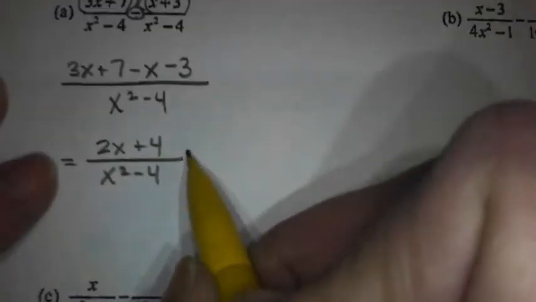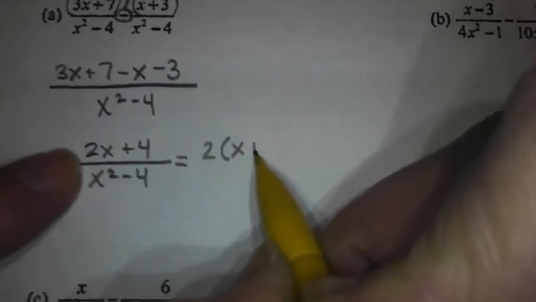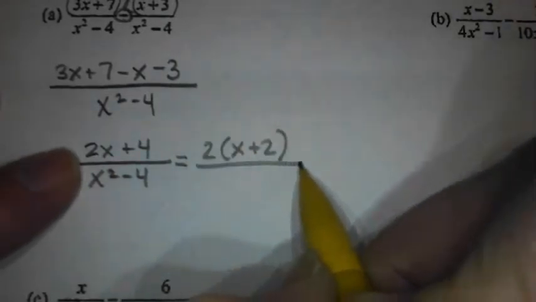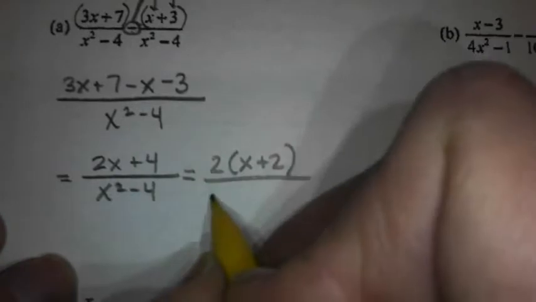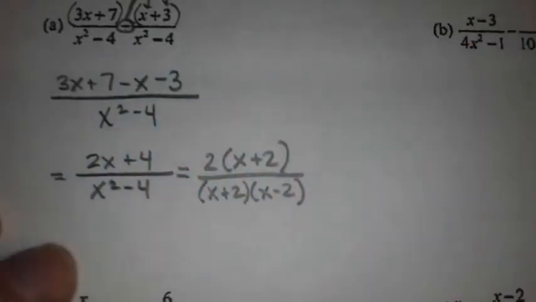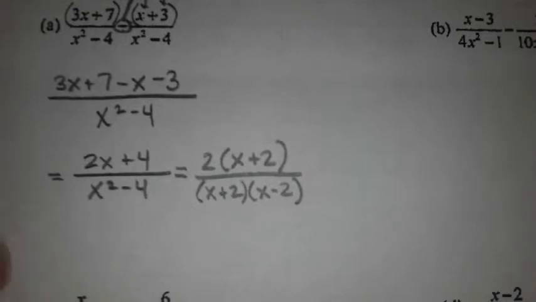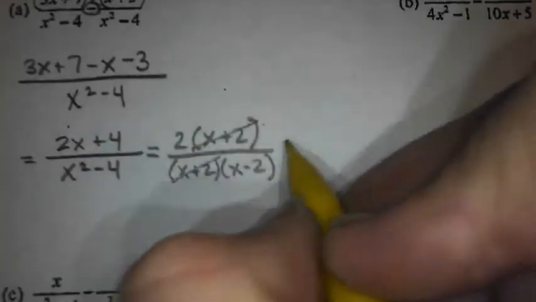But the numerator is still factorable by GCF, pull out a 2. The denominator always was factorable, we just didn't have to do it yet because they were already common denominators. That's difference of perfect squares. And then what cancels? X plus 2. So your final answer is 2 over x minus 2.